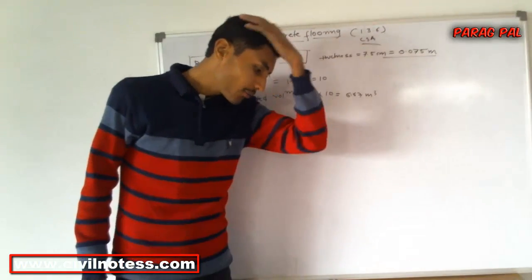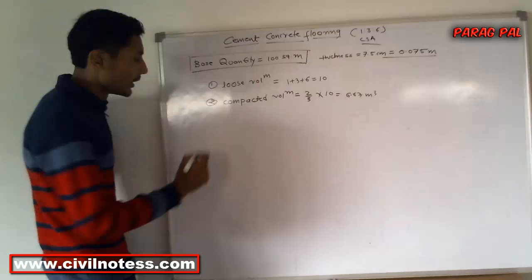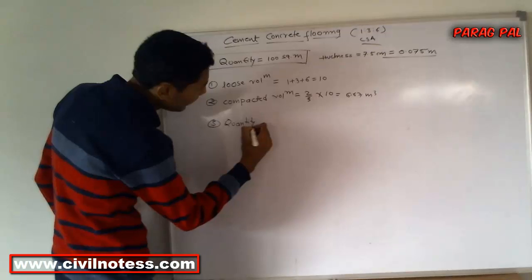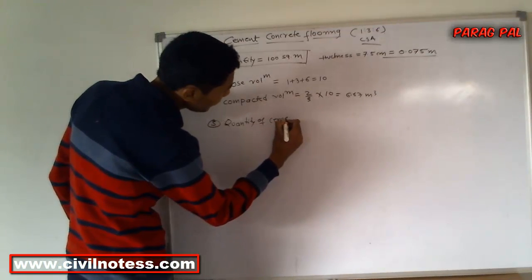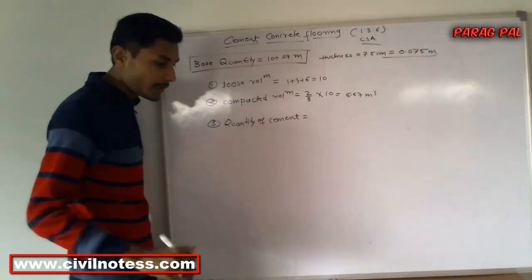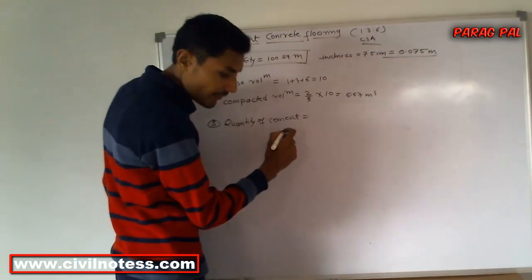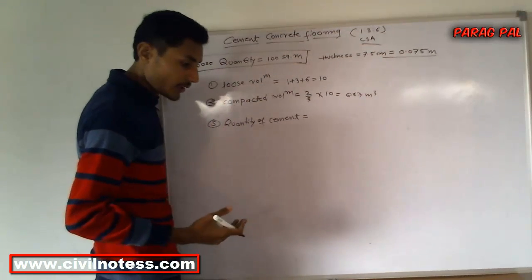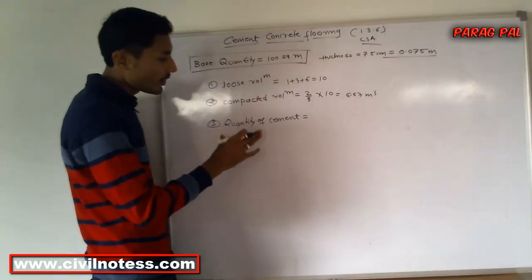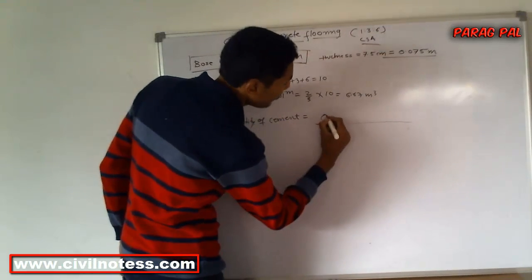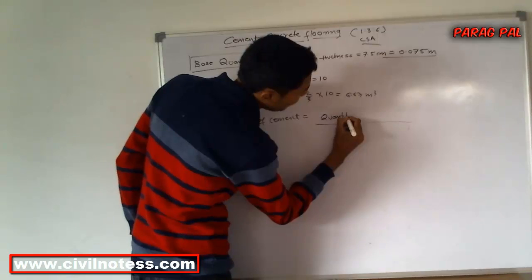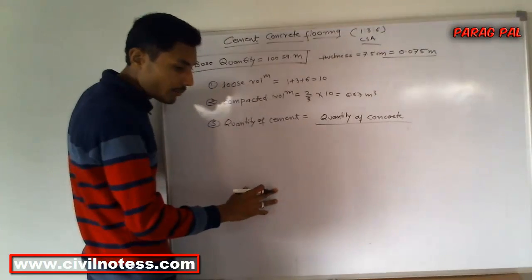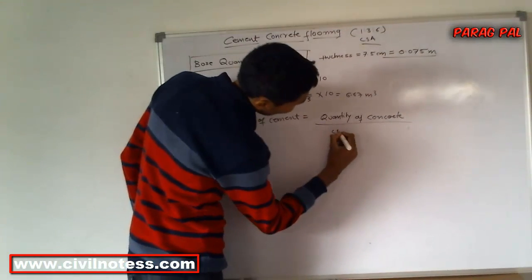Then we have to determine the quantity of the cement by a very simple method. We first determine the quantity of concrete. The quantity of the cement is the quantity of concrete divided by the compacted volume.